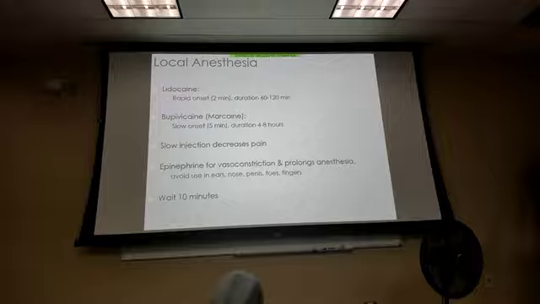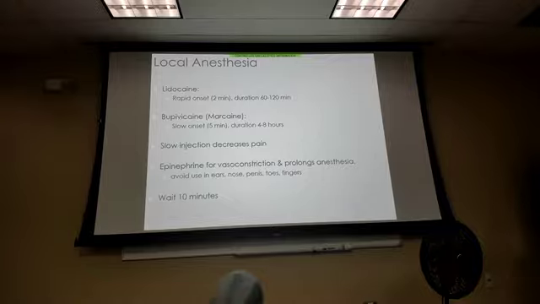Slow injection decreases the pain. If we know that we want vasoconstriction, then we're going to give some epi. Obviously we don't want to put epi into the ears, nose, penis, toes, or fingers, because we don't want to take away all of the blood flow. Those things are not as large as your arm.